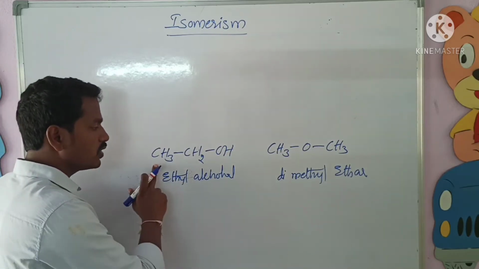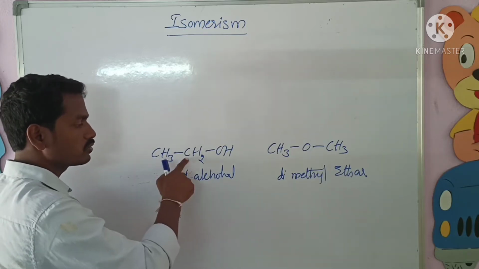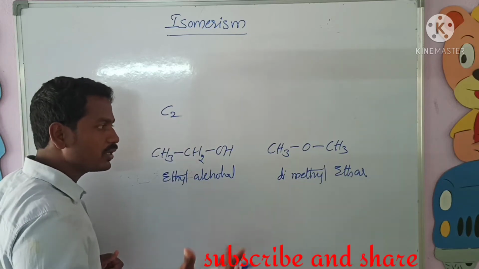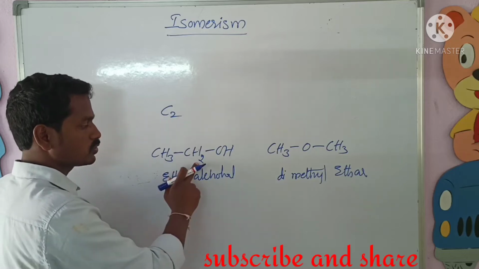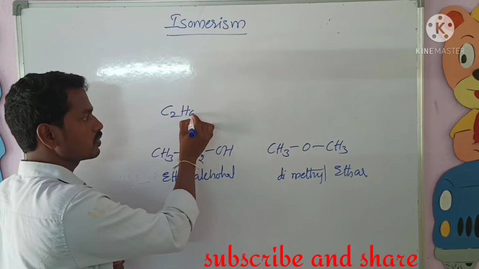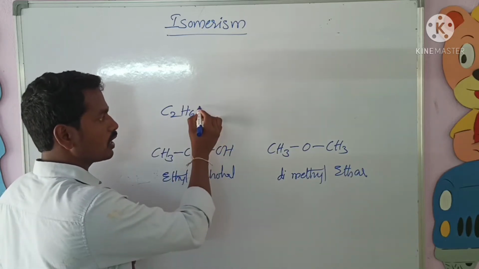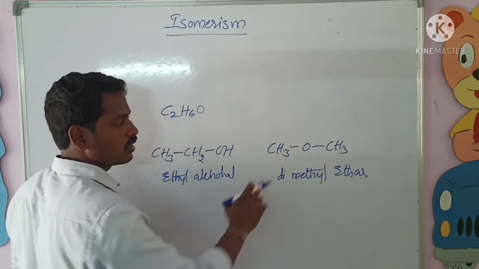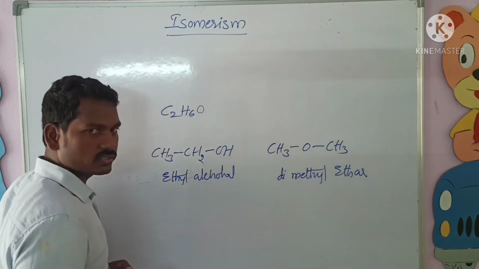Just observe, what is the number of carbons in this? Two carbons, 1, 2, so C2. How many hydrogens are present in these two? Here 3 plus 2 plus 1, totally 6 hydrogens. 2 carbons, 6 hydrogens, and 1 oxygen.